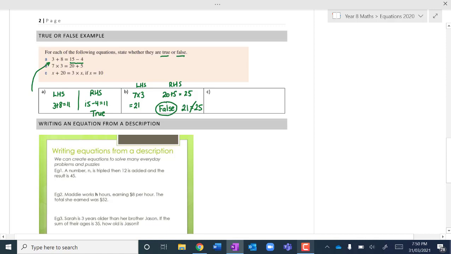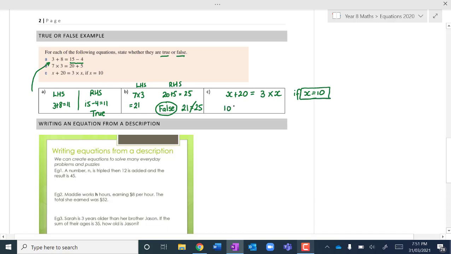For C, we've got x plus 20 is equal to, it's a bit more complicated, this one, 3 times x. It says if x is equal to 10, and that's what we're doing when we're guessing and checking. We're substituting that into the equation. So let's replace x with 10.